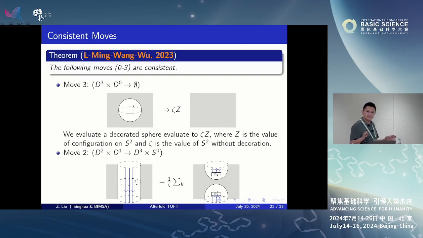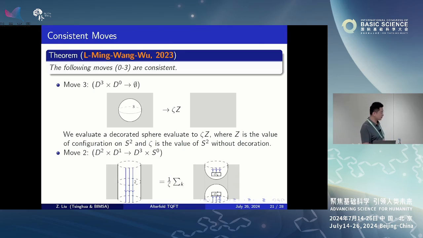Well, but at this point, we don't want to read this in the algebraic way. Since we only have a linear functional, we want to reinterpret this relation using the linear functional. So how do we get this relation? We do the following. We cut the hemisphere such that the right side will be 2 spheres. We take a cap and cup on the right side, and we get 2 spheres. And on the left side, we have 1 sphere.